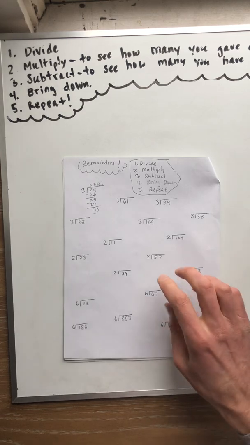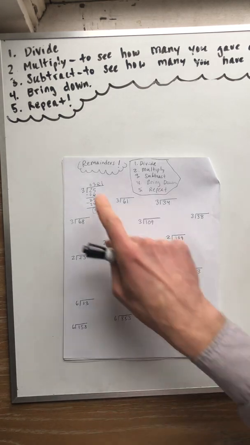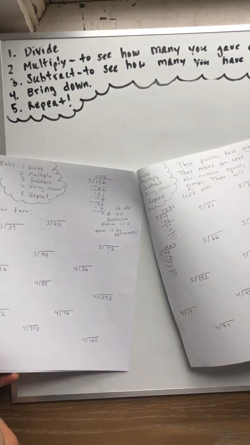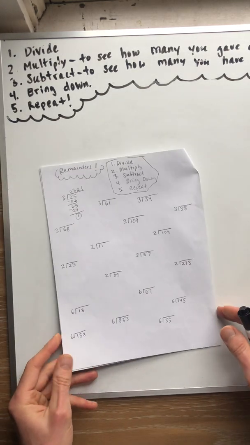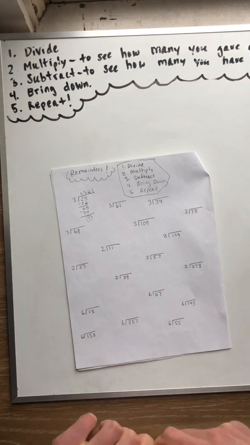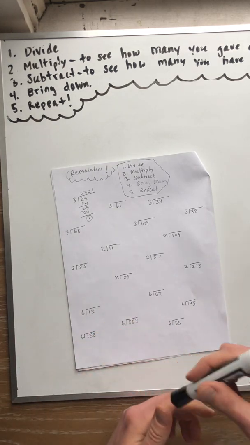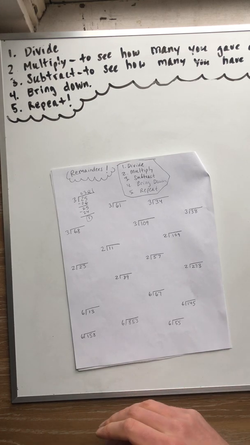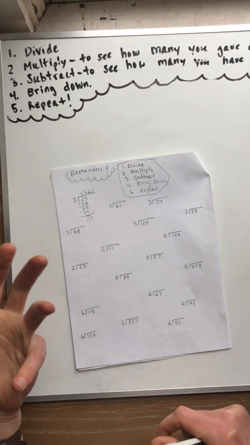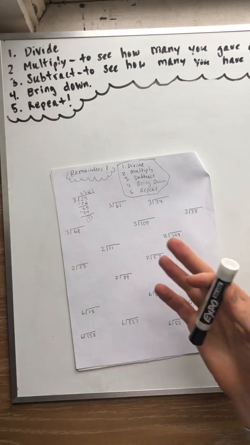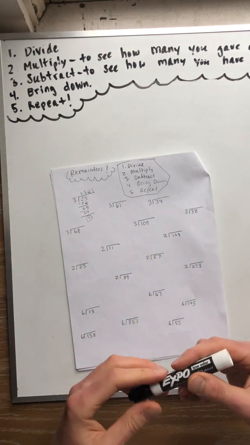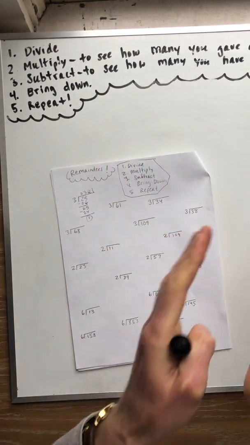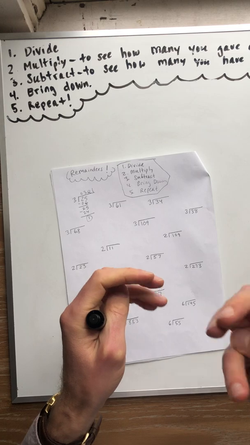We're going to be working on this page here. It says remainders, so we've been working on remainders a little bit. We did that the other day. And all that means is once you divide up whatever you have, be it money, pizzas, Pokemon cards, blackberries, computers, phones, whatever, dice, it just means that after you give each person their portion, you just have a few left and it's less than the people.